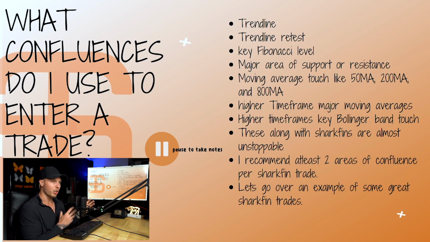These along with shark fins are almost unstoppable, and that's just the truth. And I recommend at least 2 areas of confluence per shark fin trade without the shark fin. So 3 in total, including the shark fin.